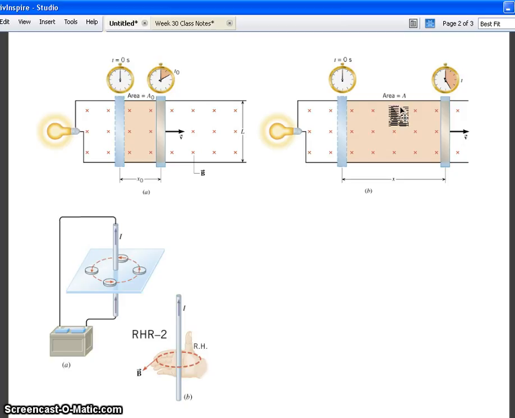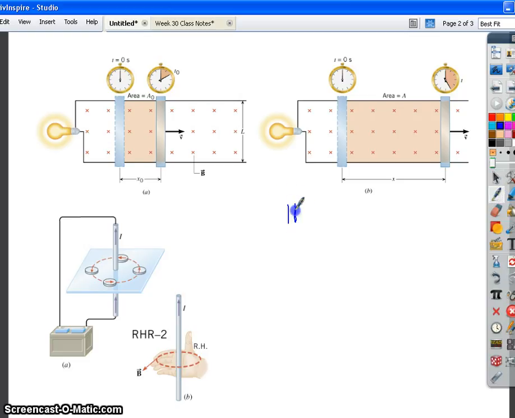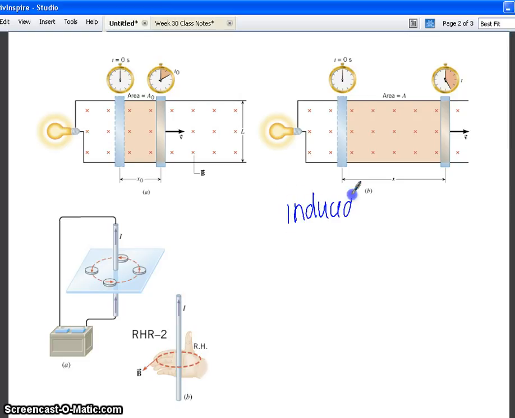So when we change the flux, we induce a current. It literally is called an induced current, okay? We have an induced current due to a change in flux.